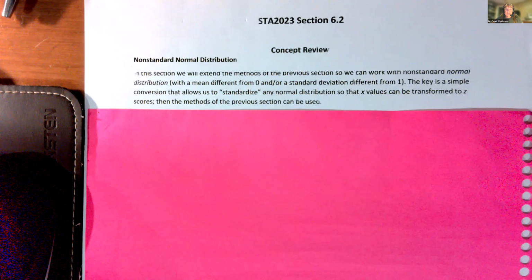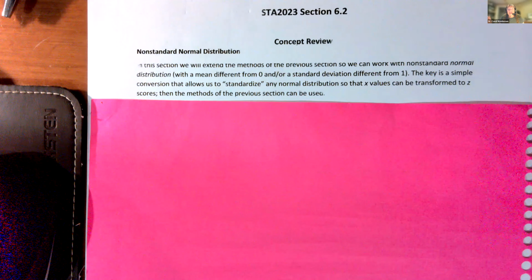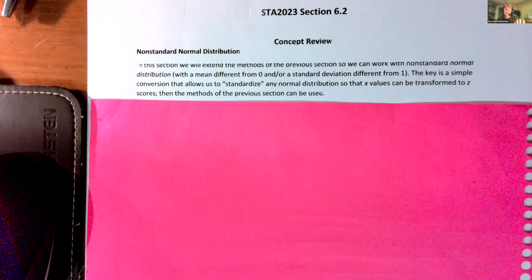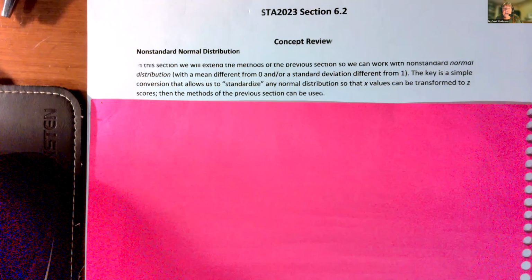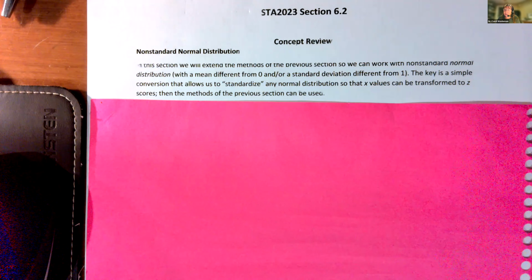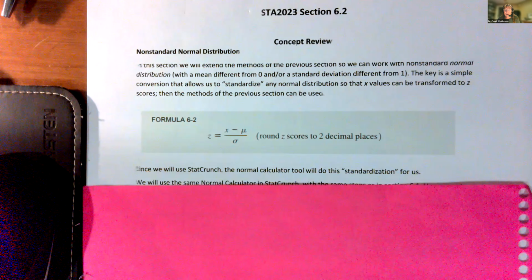Okay, and your author of your textbook is going to talk about you doing a translation of converting from the non-standard. We call a normal distribution that doesn't have a mean of 0 and a standard deviation of 1 a non-standard. If you weren't using a technology like StatCrunch, you would actually have to create the z-scores and then look up the probabilities. But because we use StatCrunch, we don't need to do that.